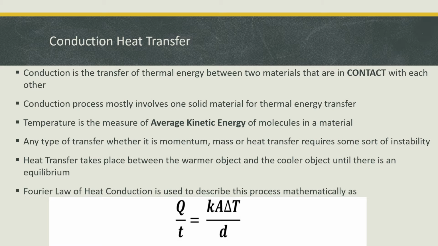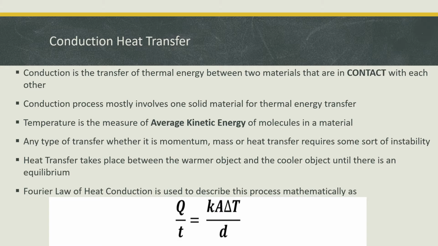One will be the hotter one, which has a higher average kinetic energy, and the other will be a cooler substance, which has a lower average kinetic energy. The heat transfer takes place as long as there is a difference between the cooler and hotter objects' equilibrium point. When equilibrium is reached, there will not be any further transfer.